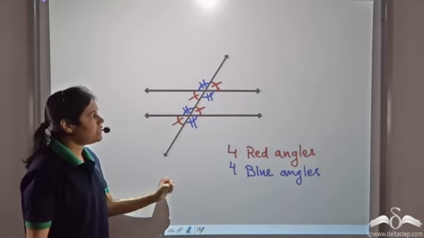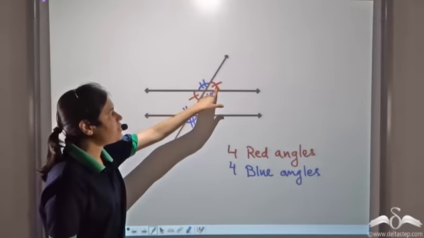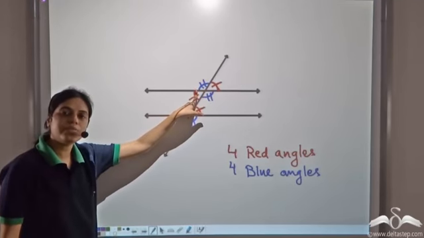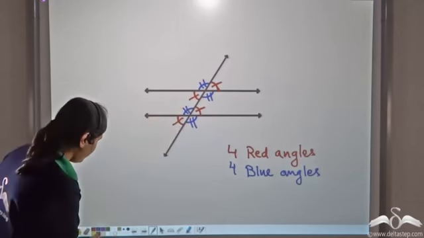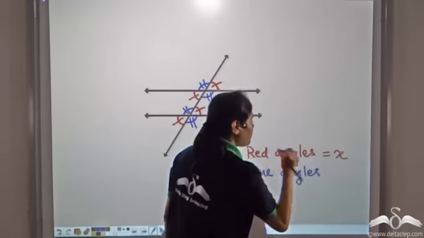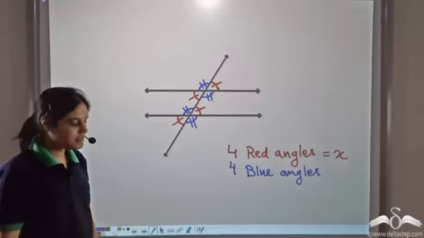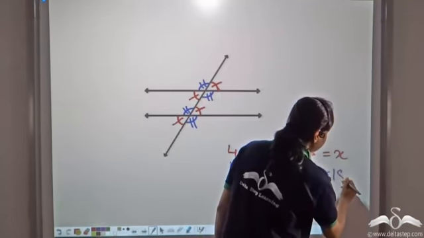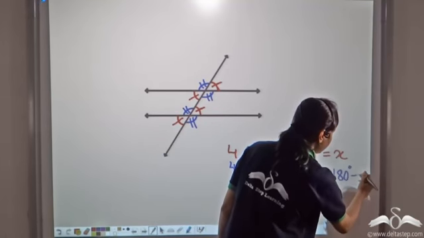More interestingly, if you see this red angle and this blue angle, they are supplementary. So if you know that the measure of each red angle is x, you can find out that the measure of blue angles is 180 degrees minus x.